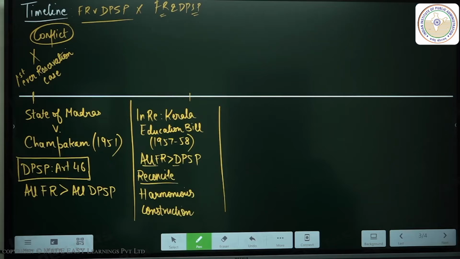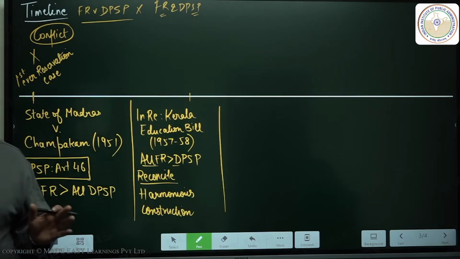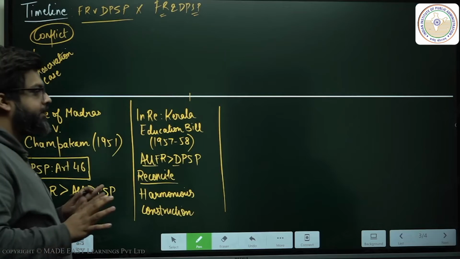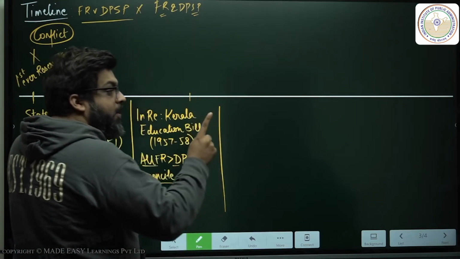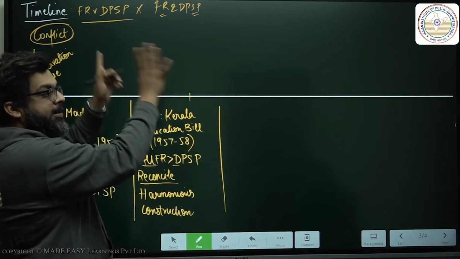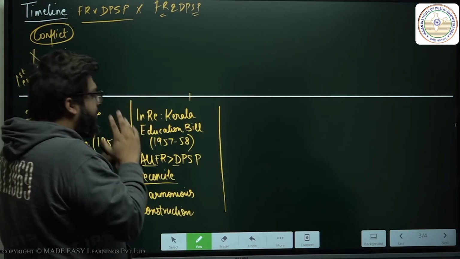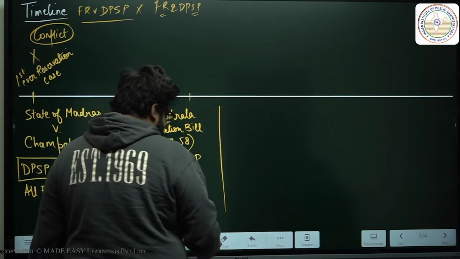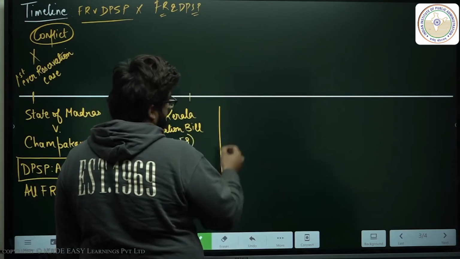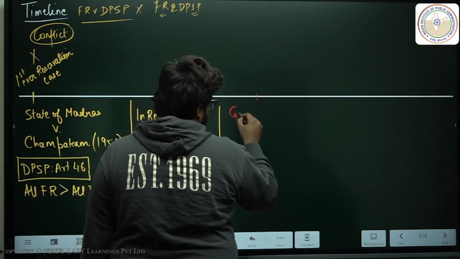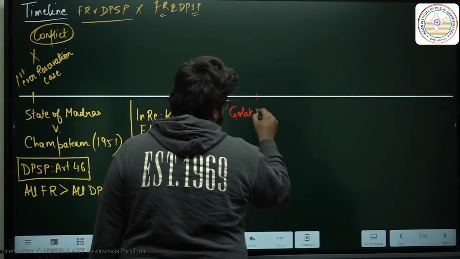Okay. Now, simple as this. Now comes the Keshavananda Bharati story. Life was going on as it is, nobody would care, and we would then remember the Golaknath case. Do we remember the Golaknath case?